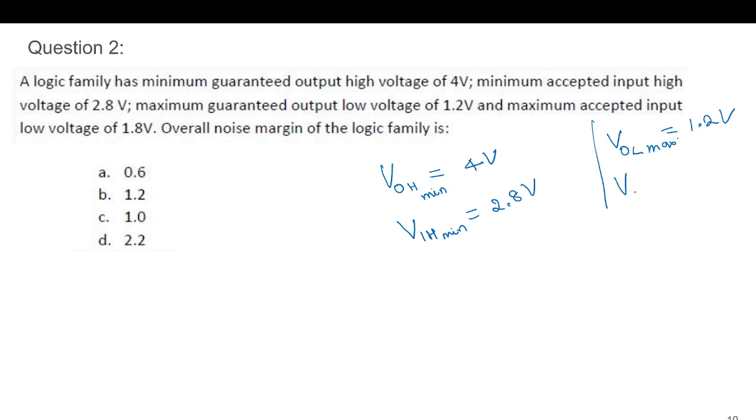For input low, it is the maximum voltage, 1.5. So can you tell what are the noise margin high and low? The formula here is NML is VIL minus VOL, and NMH is VOH minimum voltage minus VIH.